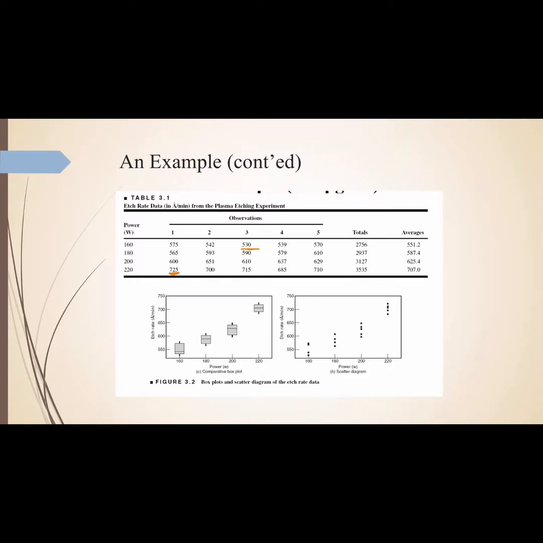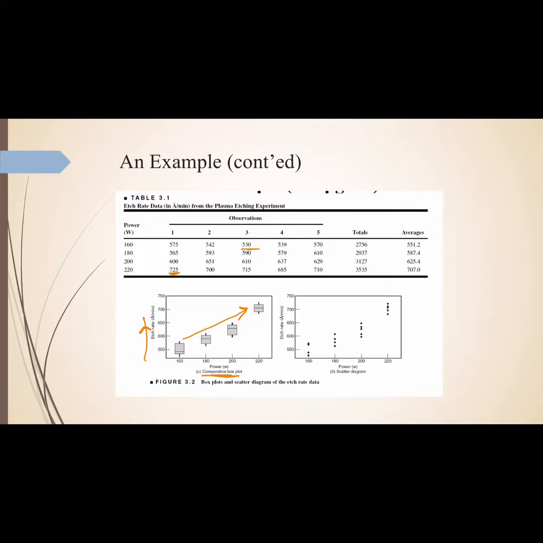If we want to visualize this data to see how the etch rates at different power settings stack up against each other, we can make use of a comparative box plot, wherein we are plotting 4 box plots, one for each power setting. It's clear from this graph that as the power setting increases, the etch rate also increases. So maybe there's a positive linear relationship between the power setting and the etch rate.